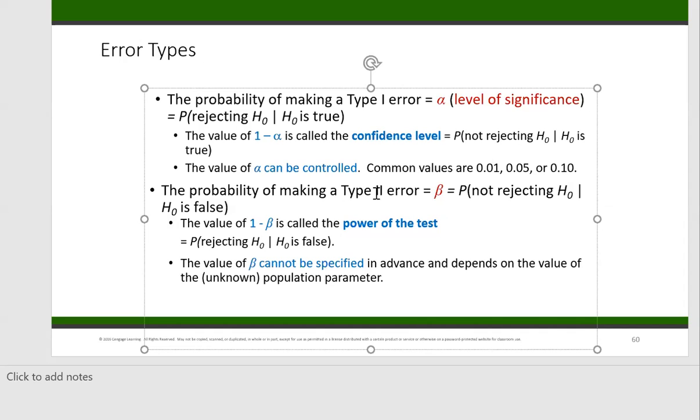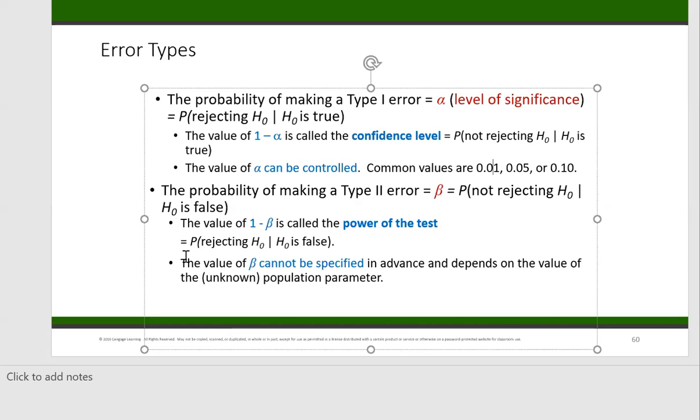Beta, the probability of type 2 error, would be the probability of not rejecting the null hypothesis if, in reality, the null hypothesis is false, is not true. So again, this is an error, a type 2 error, beta. Now, similar to the confidence level that we defined, 1 minus beta is called the power of the test.